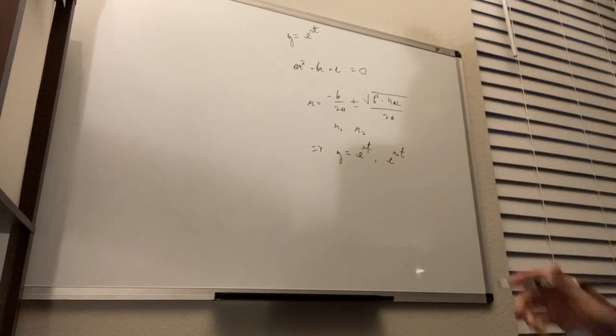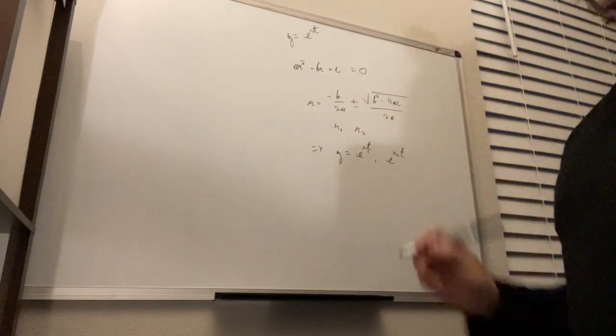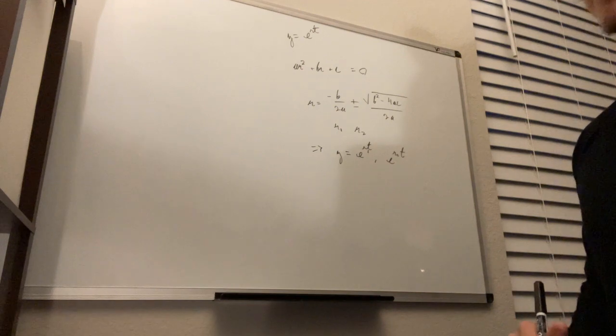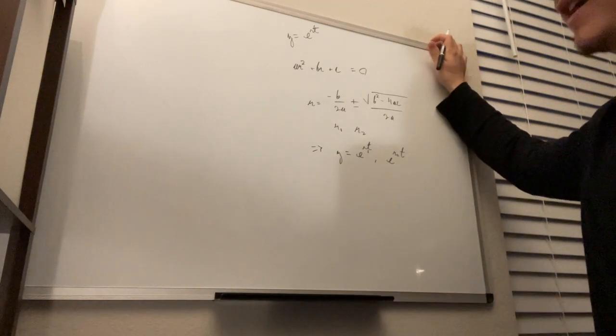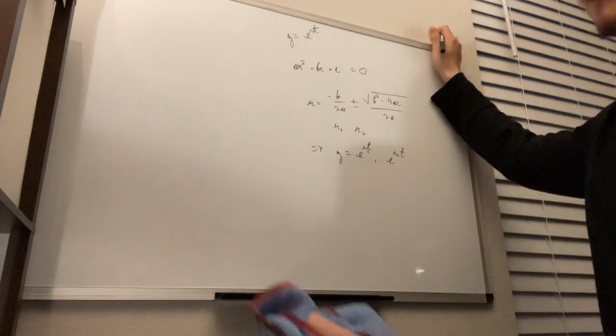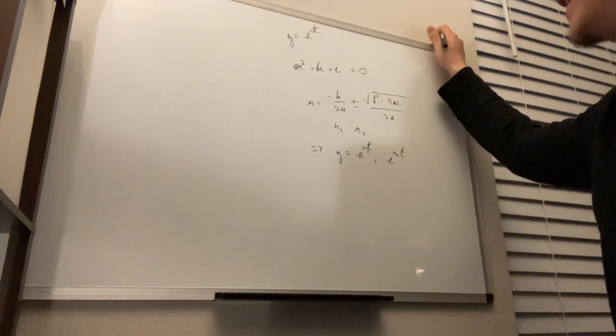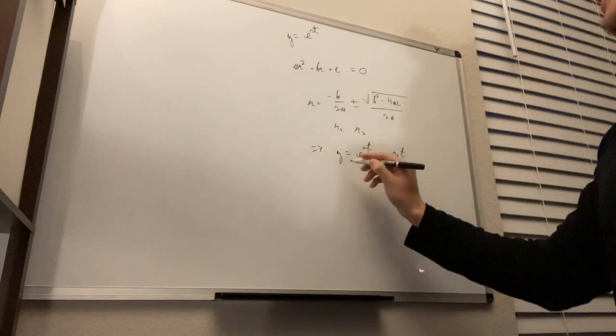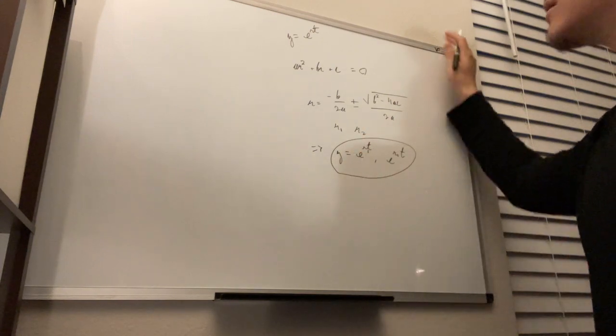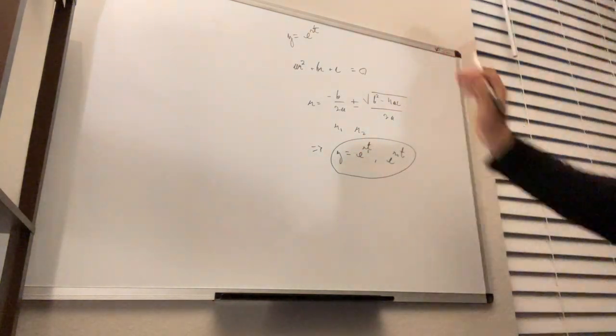The actual general solution to that homogeneous equation, which is equal to 0, is a linear combination of all the possible solutions of y. What does that mean?